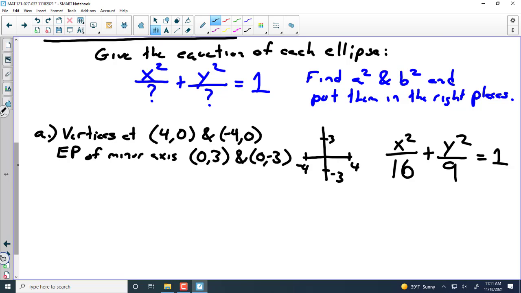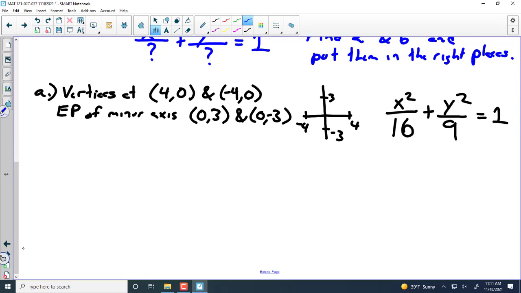What makes these trickier is this one basically gives you A and B. They basically tell you A and B because they're giving you that 4 and that 3.